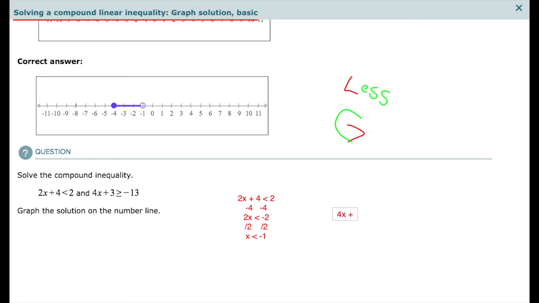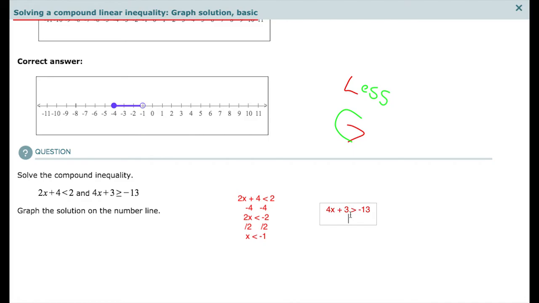4x plus 3 is greater than or equal to negative 13. Now I can't underline this, so let's just remember that this is not just greater than, there should be a line under it. In order to get x by itself, this is a two-step inequality.